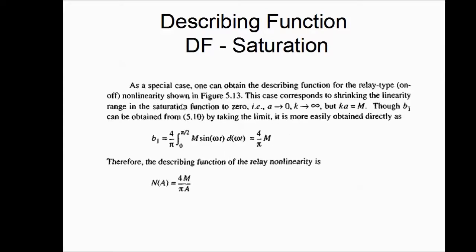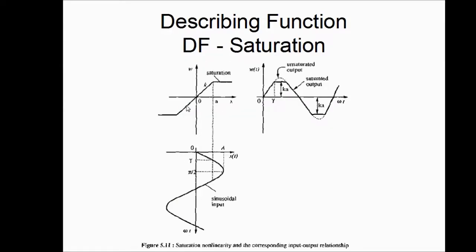As a special case of the saturation nonlinearity, this is our saturation. We said that when K is vertical, this line is vertical, it becomes an on-off nonlinearity.